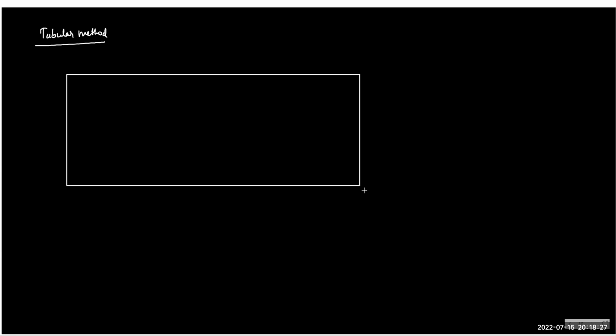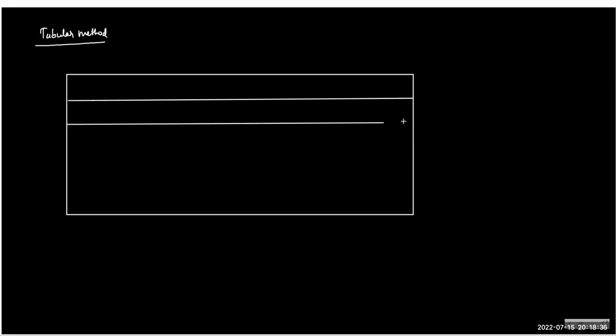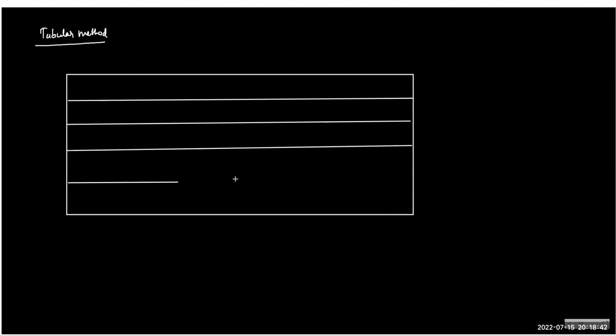Because after spending some time with this method, you will stop doing this because you can do it without any support. So what we do is we draw something like this, a box, a kind of table or chart. So as in the beginning, it will help you. How much do I need?